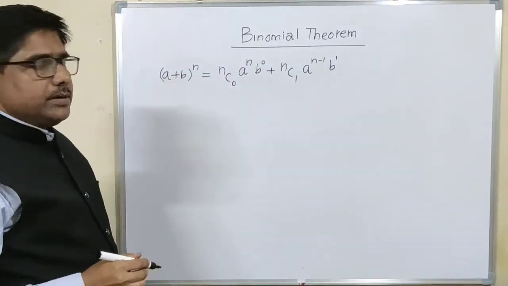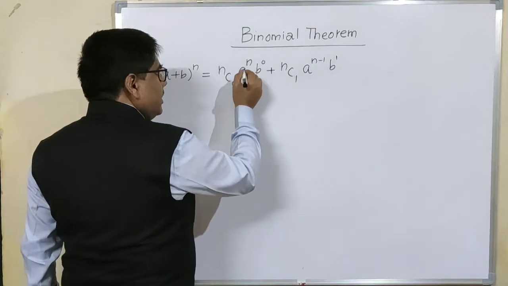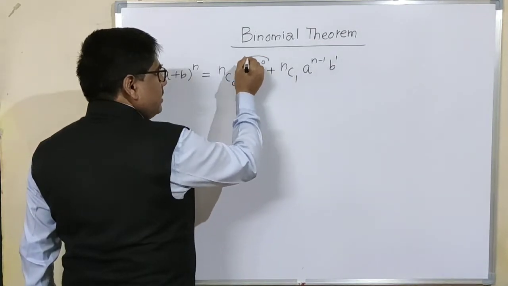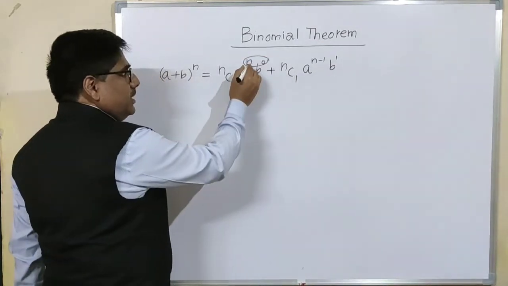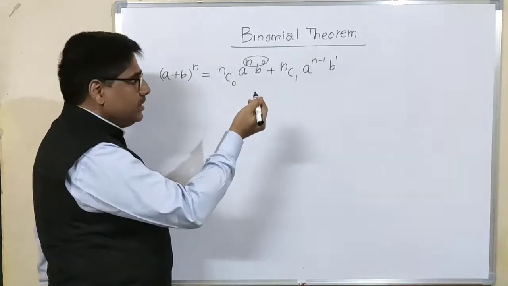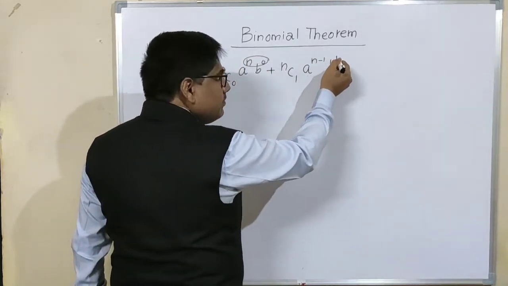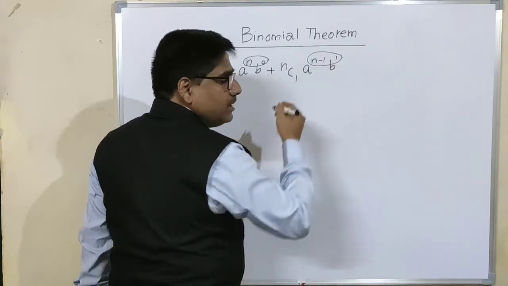Remember, here the sum of the indices of a and b is always n, that is n plus 0 is n. Here also n minus 1 plus 1 is again n.